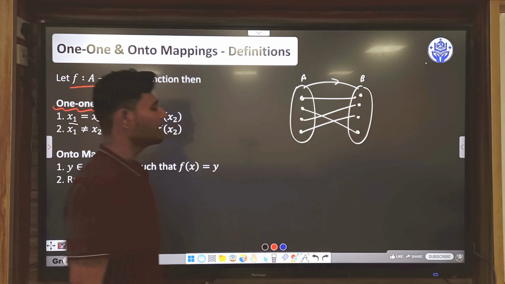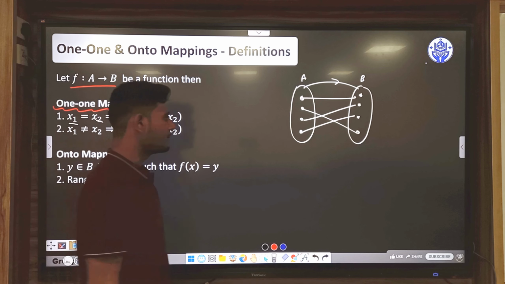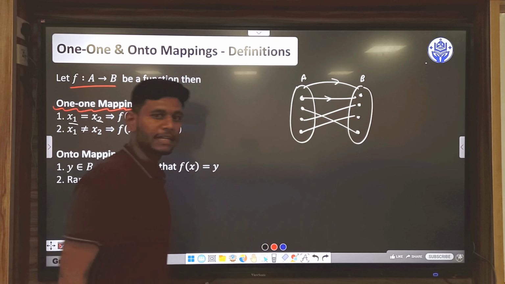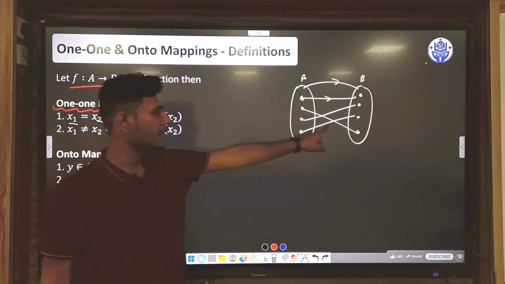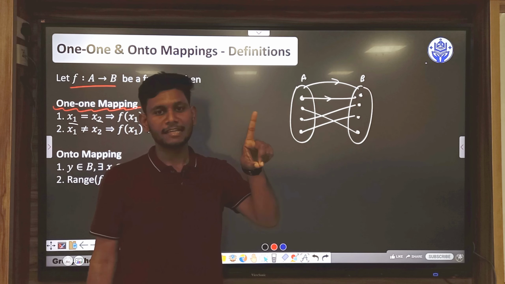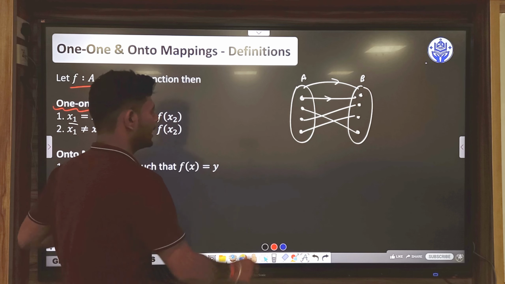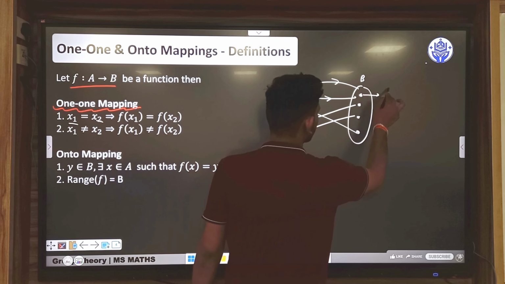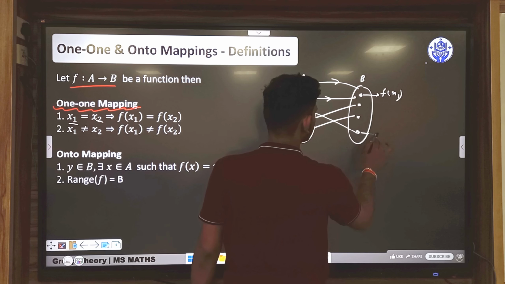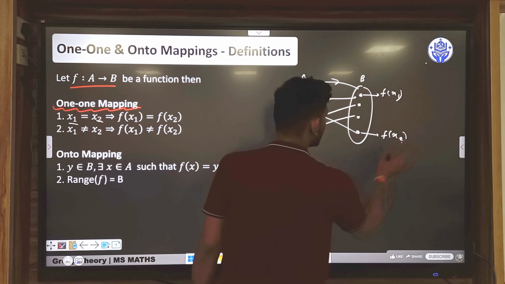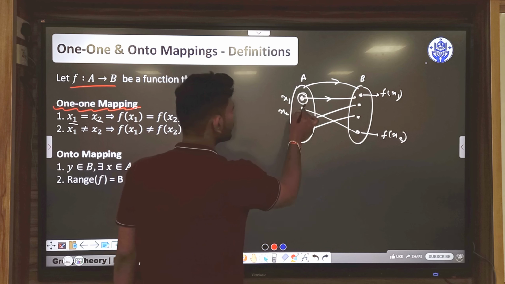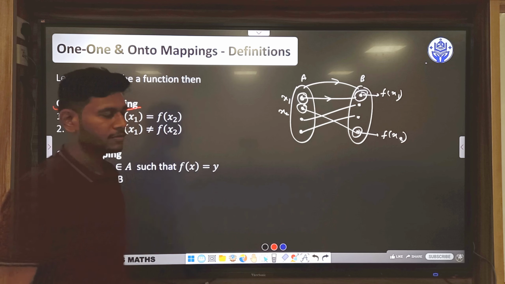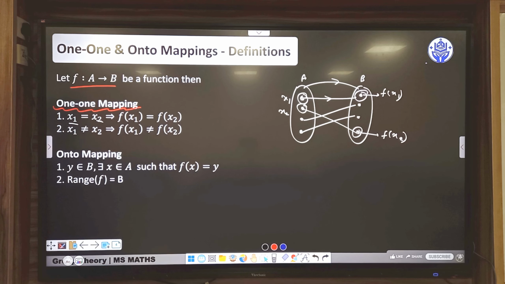So this is nothing but a one-to-one mapping. It means that each element is mapped in B with only a single element. Let's say this is my x1 and this is my x2, and this is my f of x1 and this is my f of x2. Now you can see these both are not equal and also these both are not equal. So this is the case of one-one function.